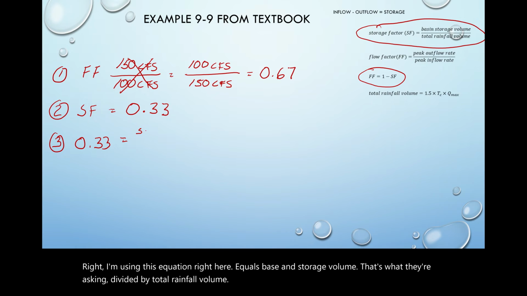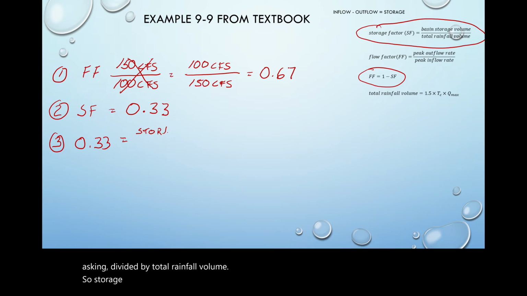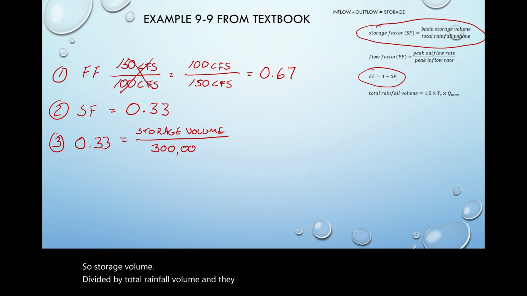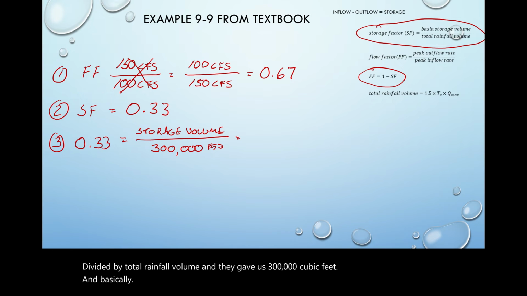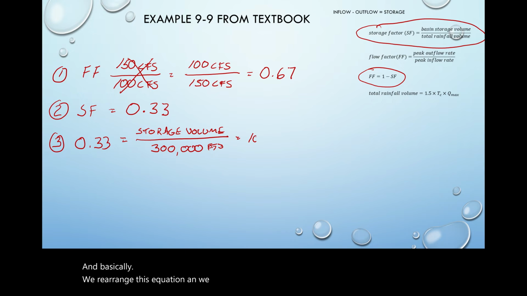So storage volume divided by total rainfall volume, and they give us 300,000 cubic feet. And basically, we rearrange this equation and we need a storage basin volume of 100,000 cubic feet.